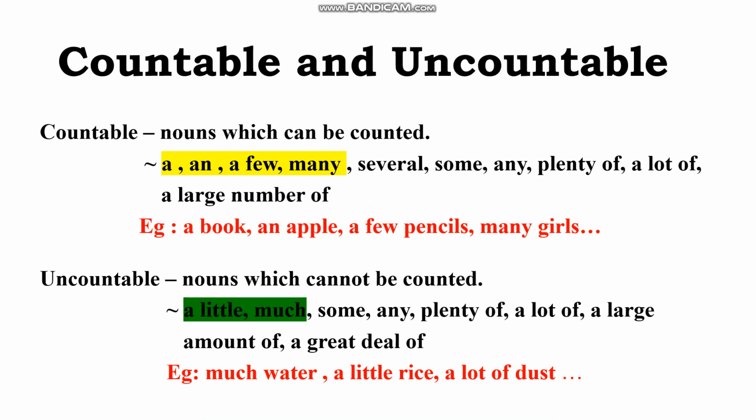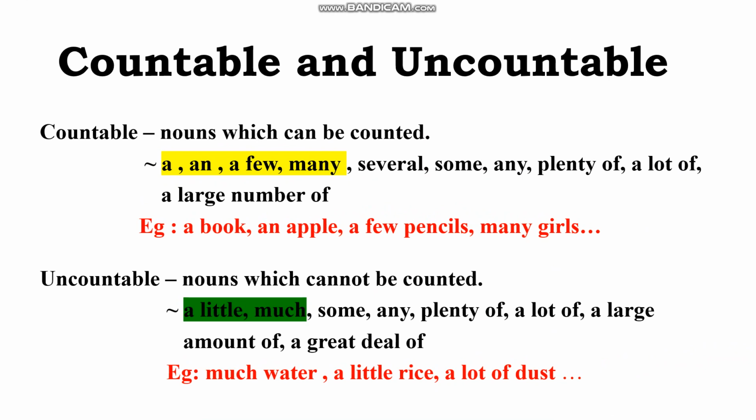The example given here can be a book, an apple, a few pencils, many girls, and others. For countable, if the food they are using the word a, an, a few, or many, they are considered as countable food.